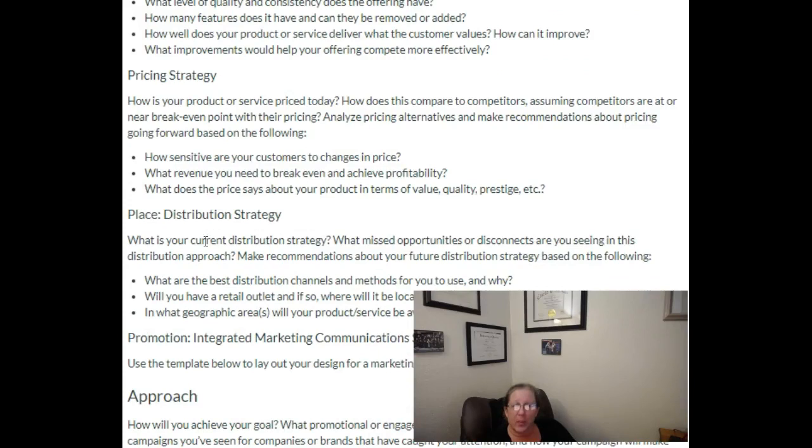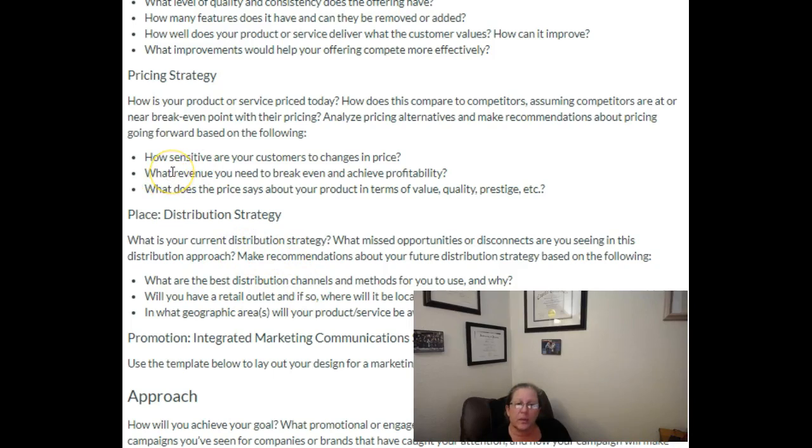Then you're going to talk about the pricing strategy: how your product or service is priced today, and how this compares to competitors. You'll assume that competitors are at a near break-even point with their pricing strategy. And then you're going to analyze pricing alternatives and make recommendations about pricing going forward into the future.